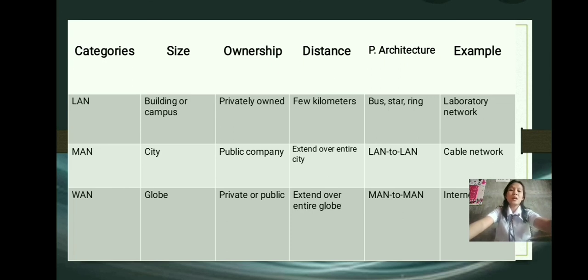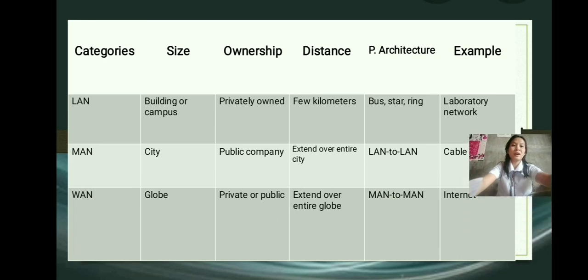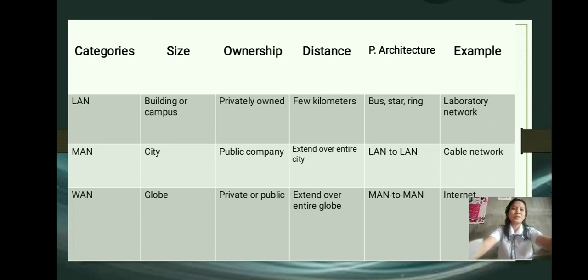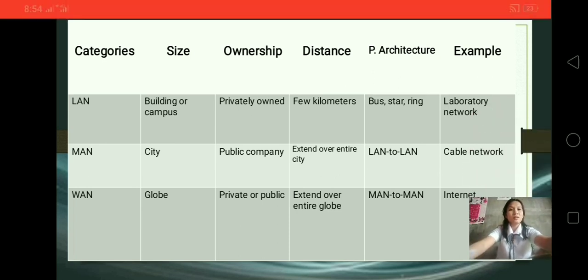And the wide area network, its size is the globe, like the 3G I mentioned earlier. It is private or public, extending over the entire globe, when we use broadbands. Man to man, and the internet. So, let's go next.